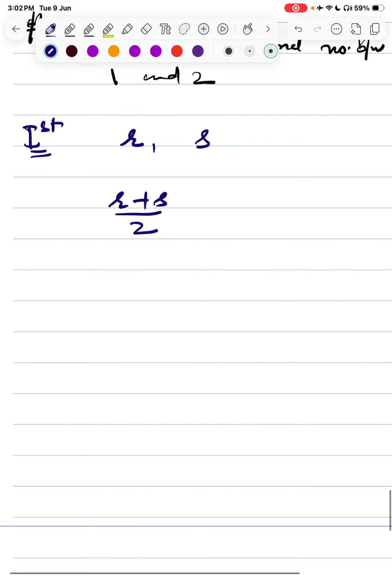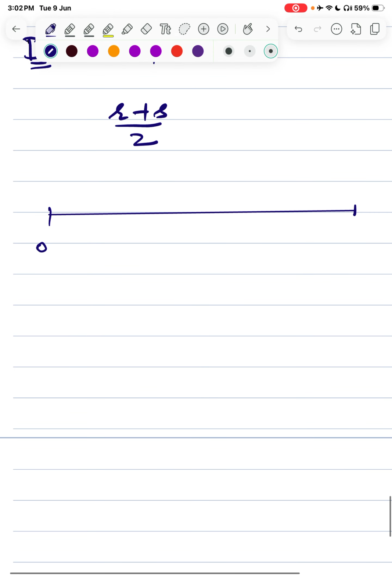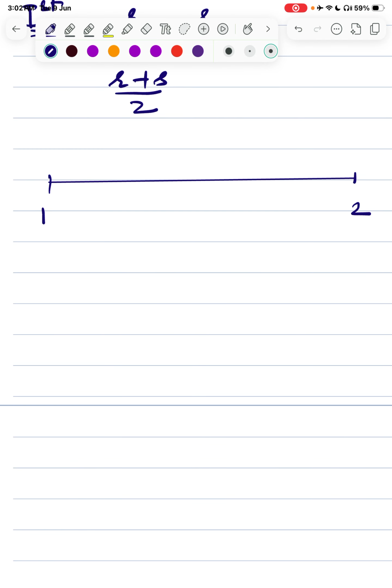Like here it is asked between 1 and 2, so just take these two numbers, add them and divide by 2. Just take the half of them. So the next number is 3 by 2.